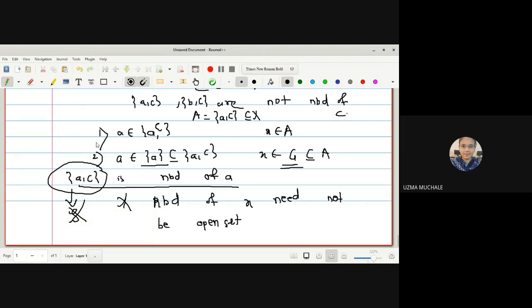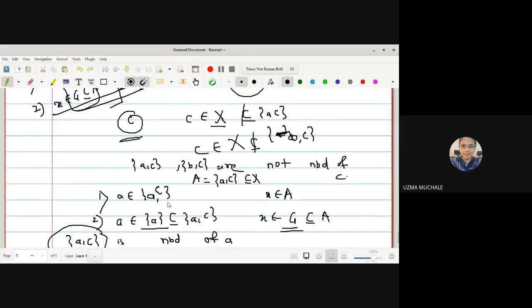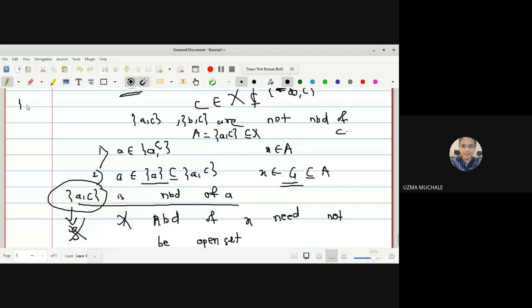Just now we have verified that AC is not a neighborhood of C, but AC is a neighborhood of A. So each subset of X need not be a neighborhood of each of its points.